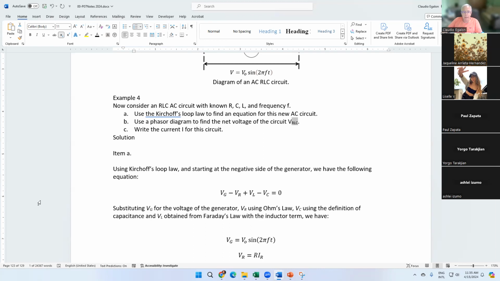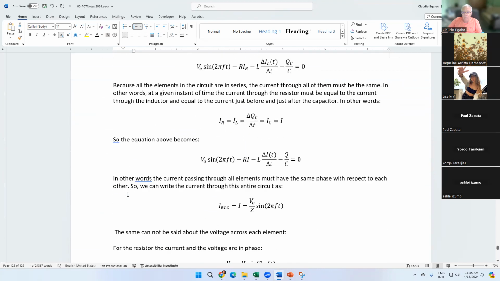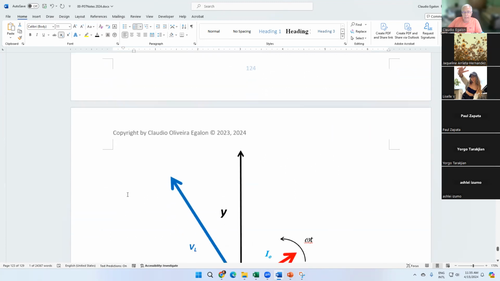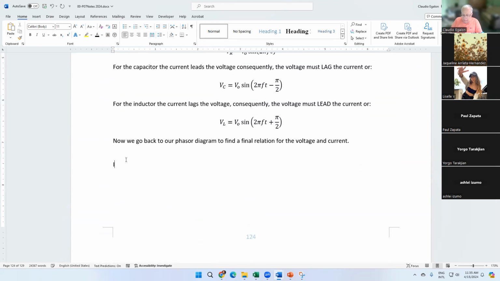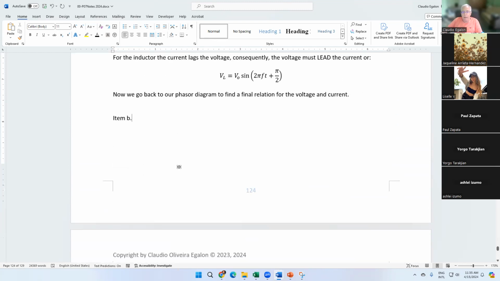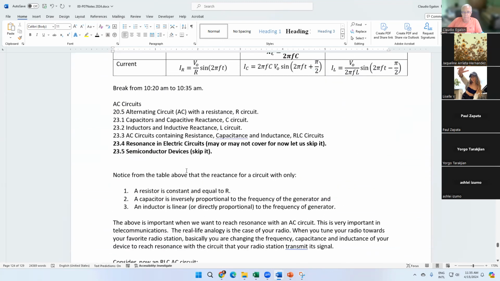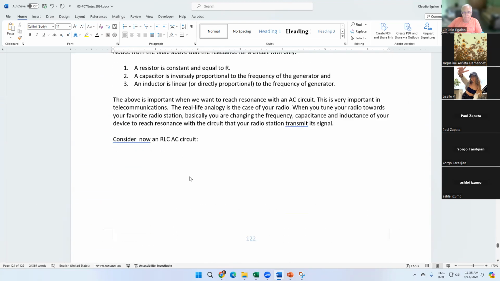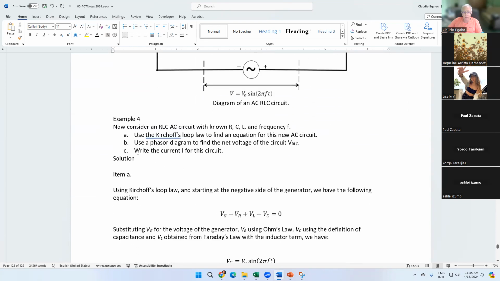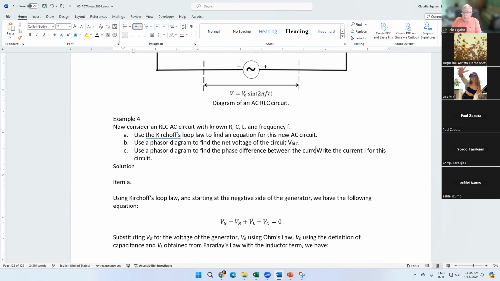Okay, we found that, item A. Now, this one here is going to be item B. Use a phasor diagram to find the phase difference between the current and the voltage.